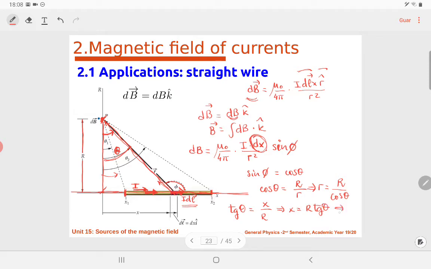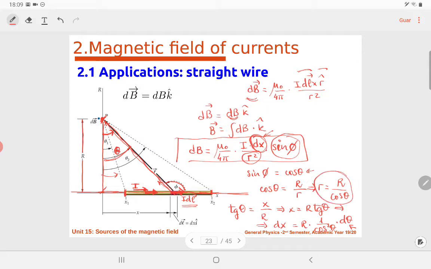So from here we do the derivative, and we say that the derivative of x is equal to R times the derivative of the tangent, which is 1 over the square of the cosine, times the derivative of theta. So with all these elements, remember we have to put them together in this expression. Instead of using the sin of this angle, we're going to use the cosine of theta, because we have this. Instead of using differential of x, we're going to use this expression here. And instead of using square r, we're going to use this expression for square r.